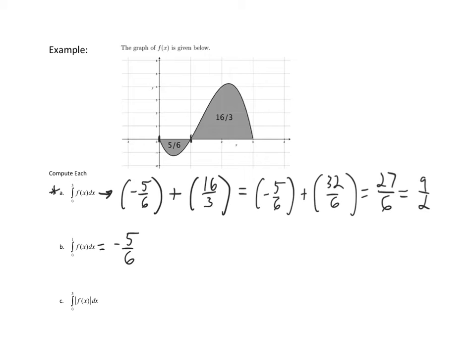So using absolute value, 5 over 6 would actually now be positive, plus the absolute value of 16 over 3, which is 16 over 3. So really we're doing 5 over 6 plus 32 over 6, which is 37 over 6.